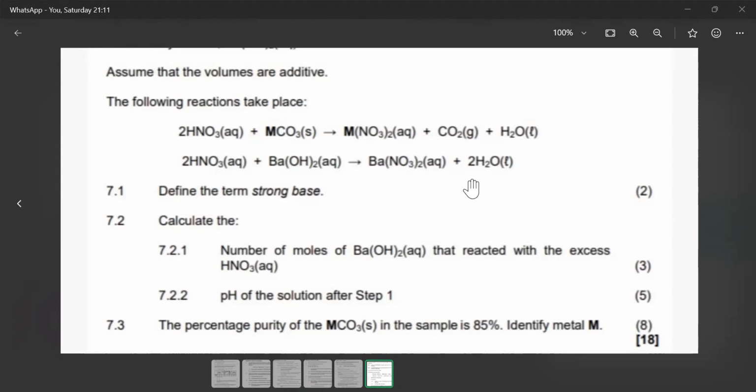Well, no one volunteers, so I'll have to ask a person. What do you think, Nosipo? So I didn't quite hear you when you asked the question. Okay, my question was, here they're asking us to identify the metal M. So what is it that we need to calculate in order for us to convince them beyond reasonable doubt that metal M is magnesium, for instance?